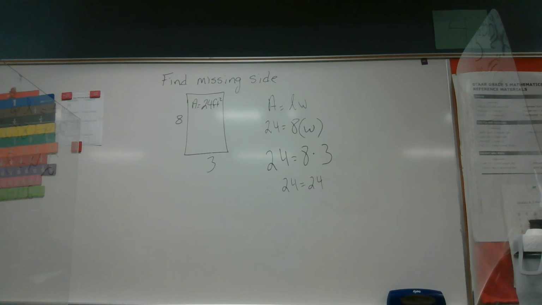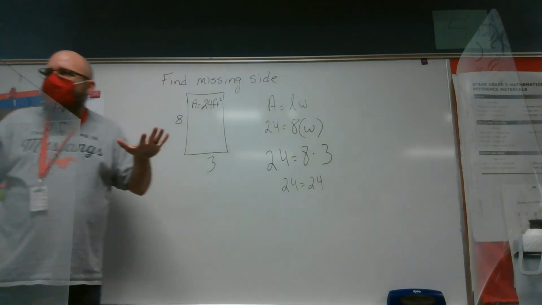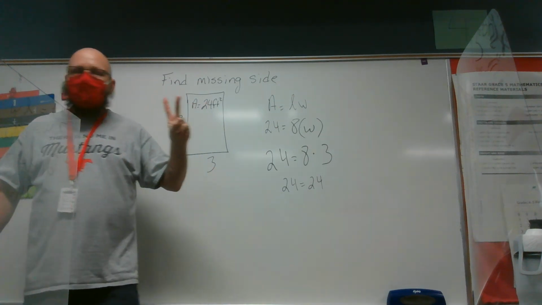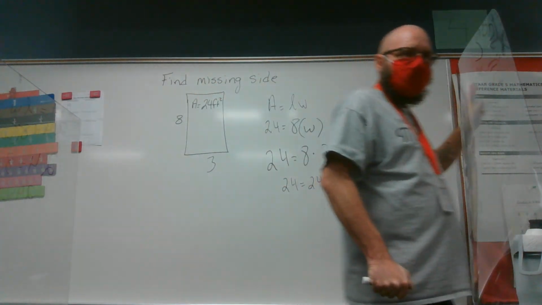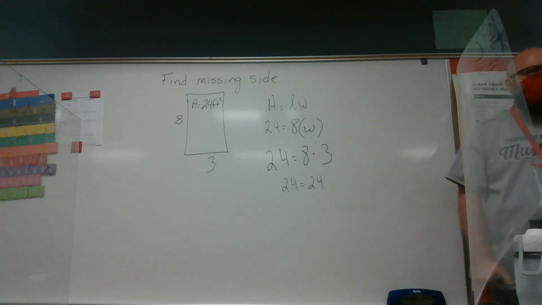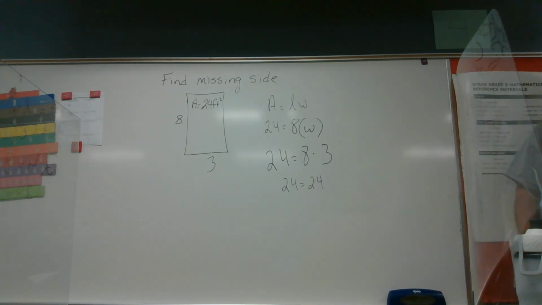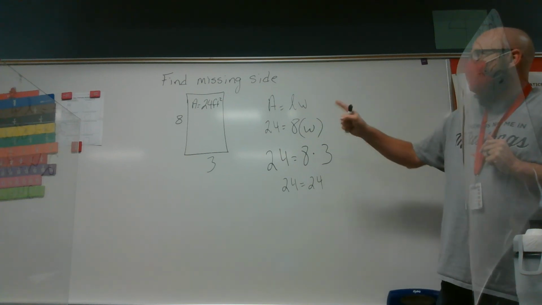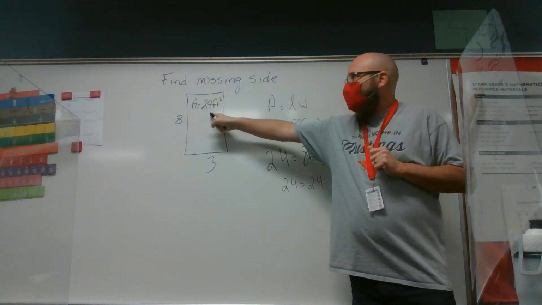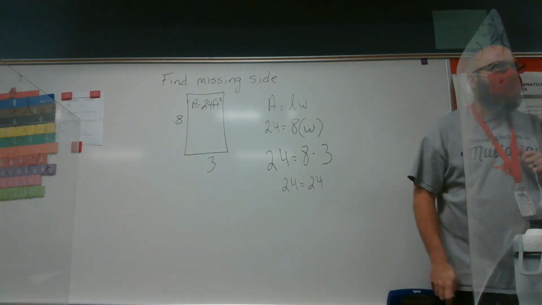So this year, they're always going to give you 2 of the variables. If you write down and work through the formula, it's going to be much easier. Because I promise you, one of the answers would be 24 times 8.